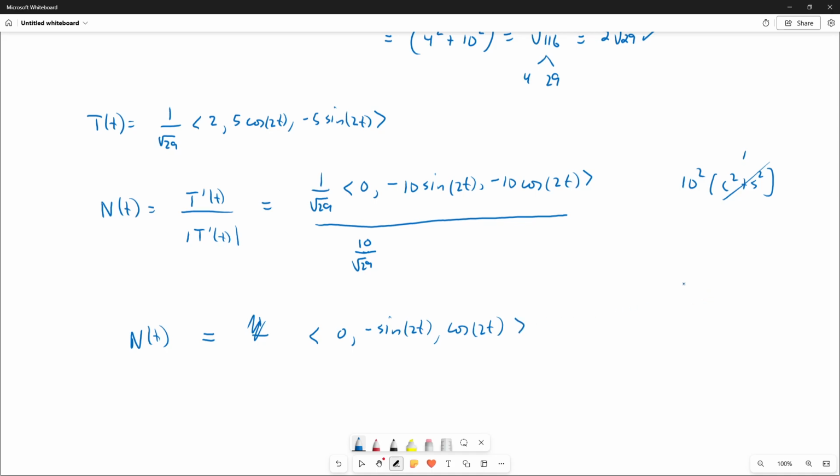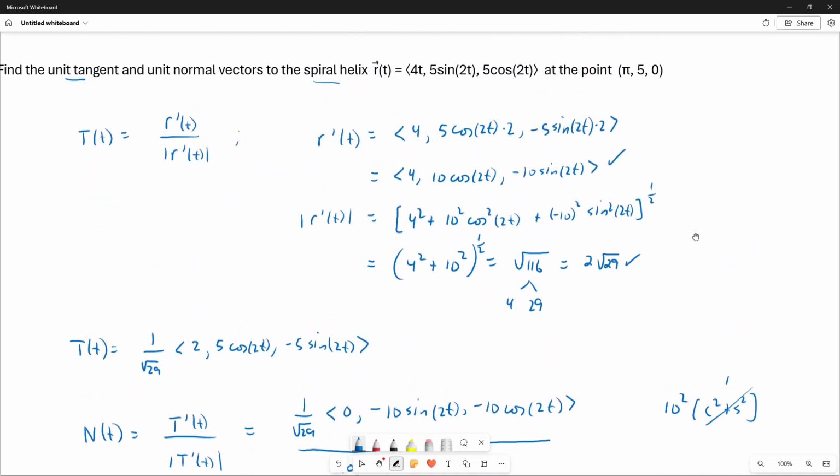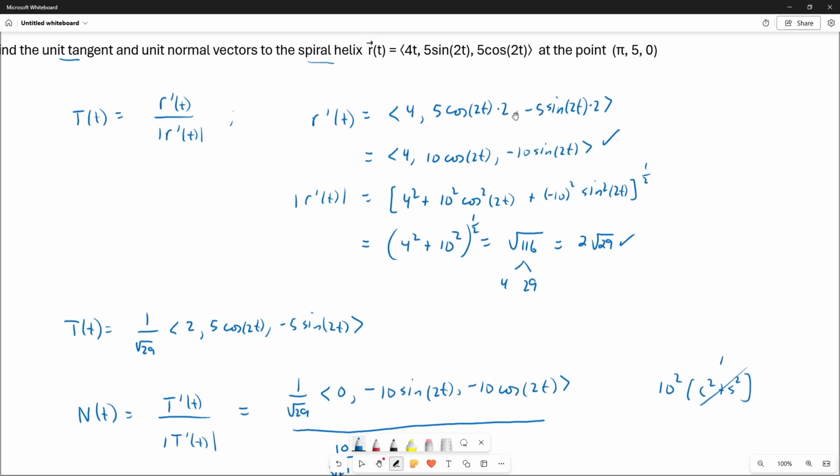Now the point was (pi, 5, 0). Let's just look at that again. So where is that on the original helix, what value of t does that correspond to?